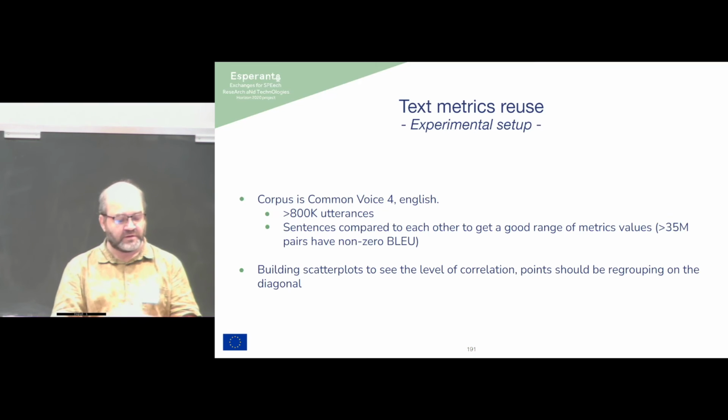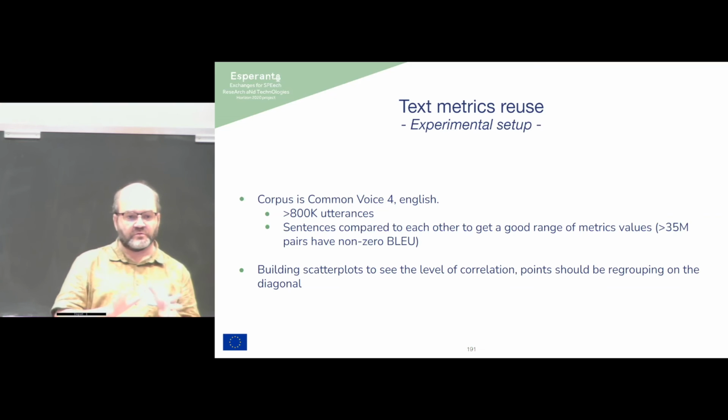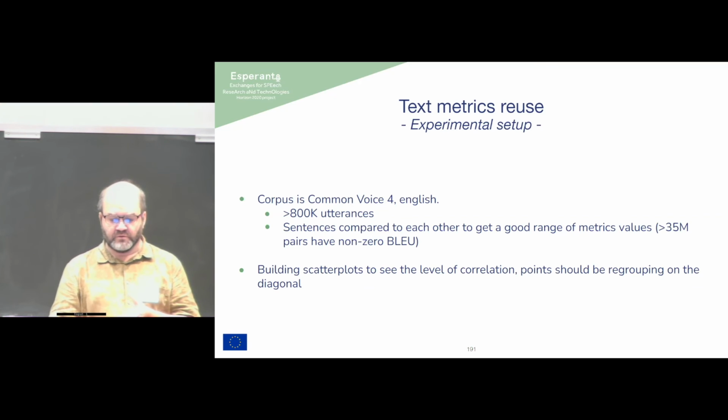So we have 800,000 utterances in Common Voice 4, and we compare the sentences to each other to get a good range of metric values. In fact, we have 35 million pairs of sentences where the BLEU value between them is non-zero. That means it has at least a quadrigram in common. So that's nice. We have data to work from.